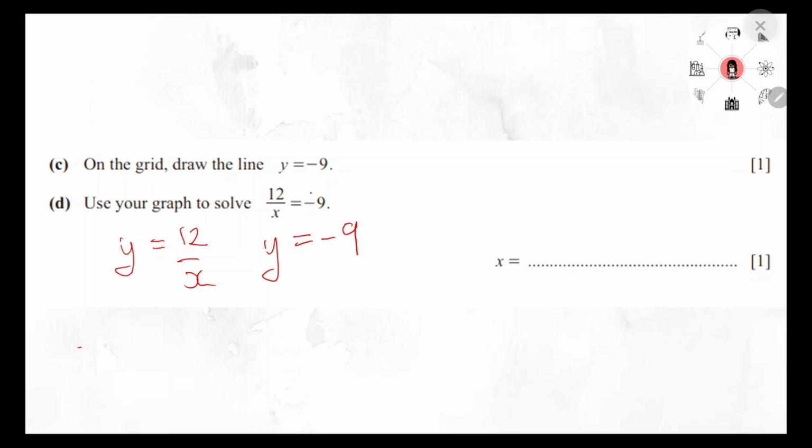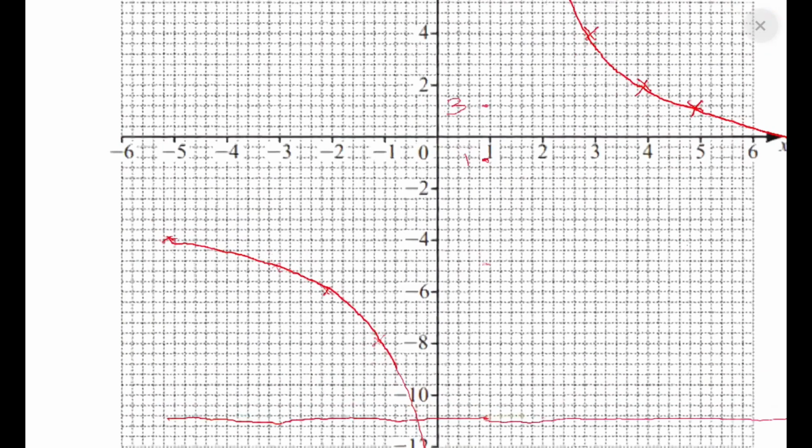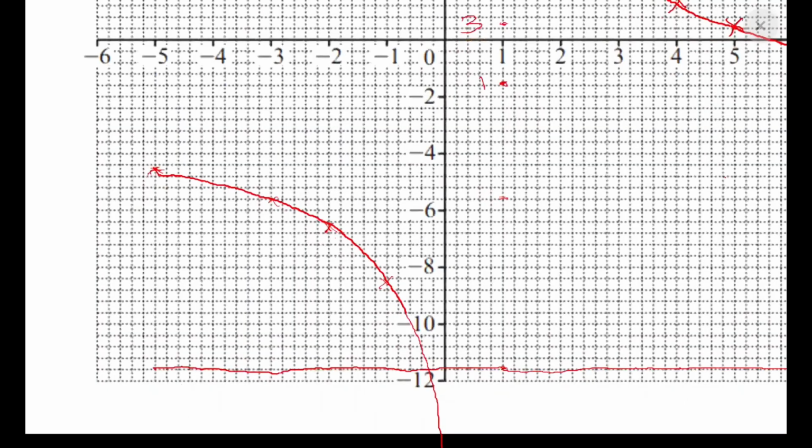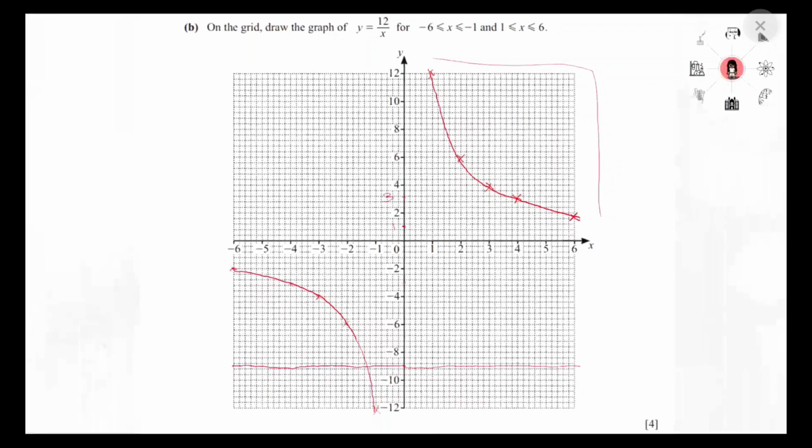So what we'll do is find the coordinate at which minus 9 intersects, which is this point right here. So we'll bring it up like this, and we'll find the point here.